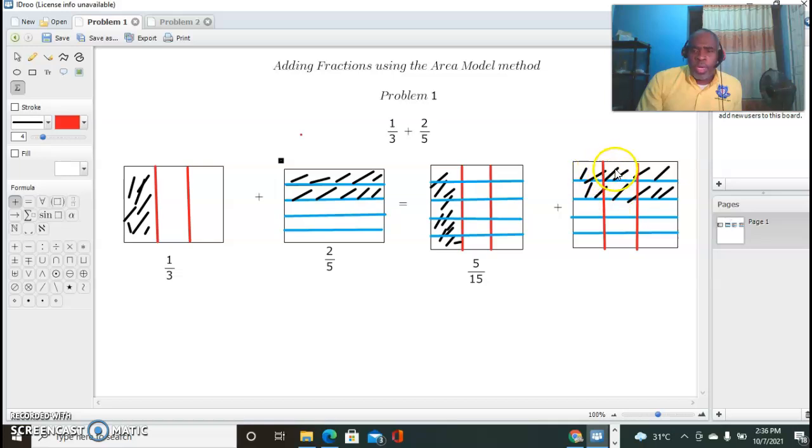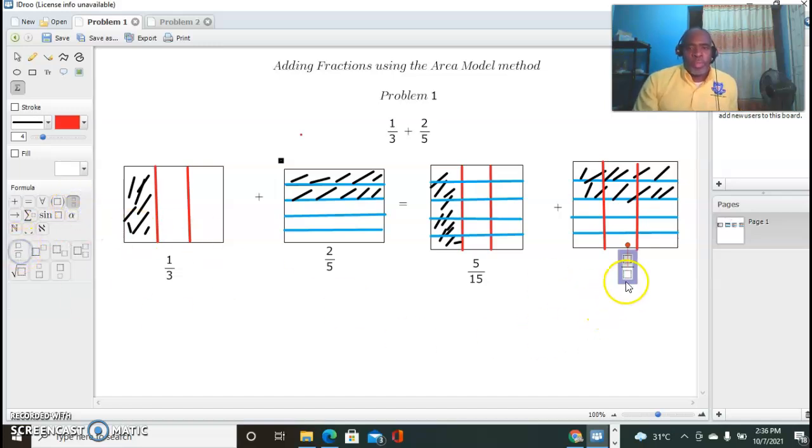Count with me. 1, 2, 3, 4, 5, 6, 7, 8, 9, 10, 11, 12, 13, 14, 15. So 15. And let's count how many parts are shaded. 1, 2, 3, 4, 5, 6. So that's 6/15. So we are saying that 2/5 and 6/15 are the same.